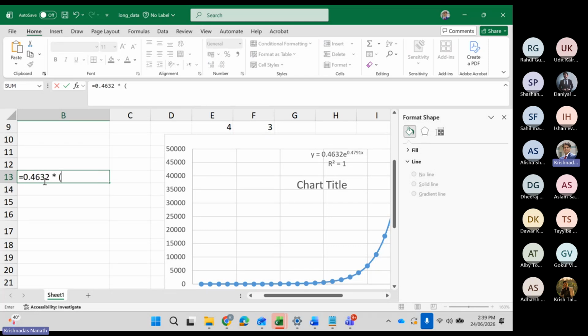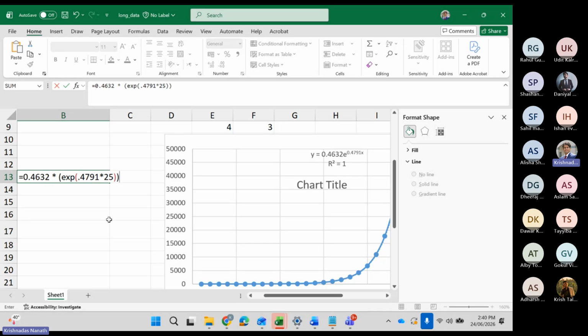e to the power of, which means I can use an exponential function, 0.4791 times x. X is 25. Yep, that should do. So basically e to the power of 2, if you want to calculate in Excel, you just type exp in bracket 2. That means e to the power of 2.